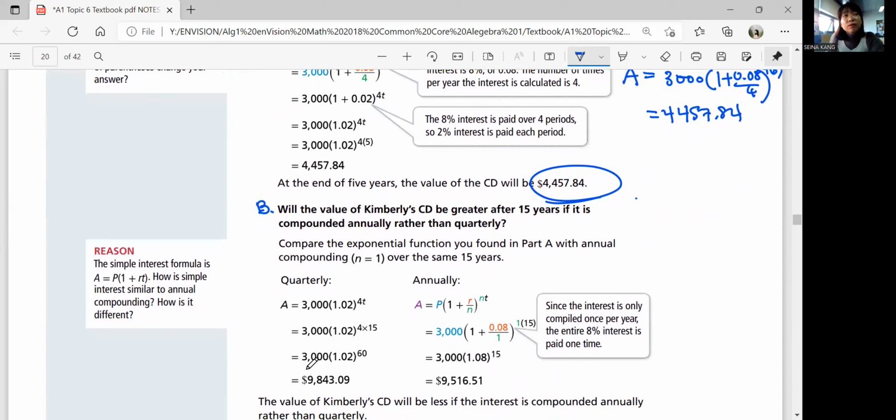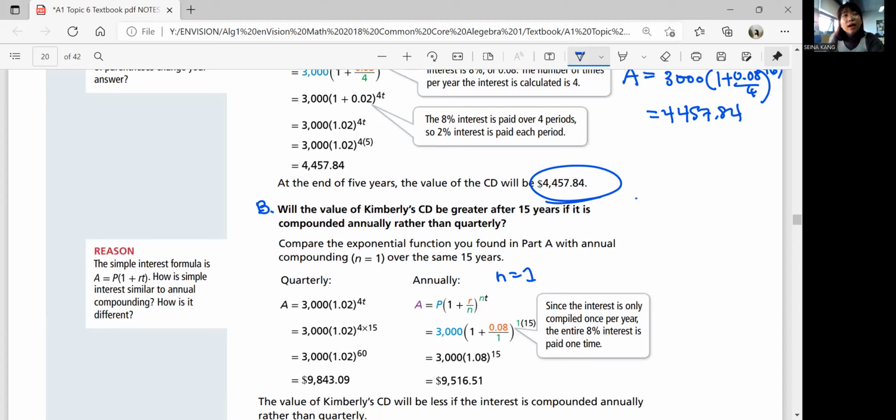If you get paid quarterly, that means your N is 4, so 4 times 15, and you get 9,843.09. If you get paid every year, that means your N is just 1. So 3,000 times 1 plus 0.08 is just 1.08.